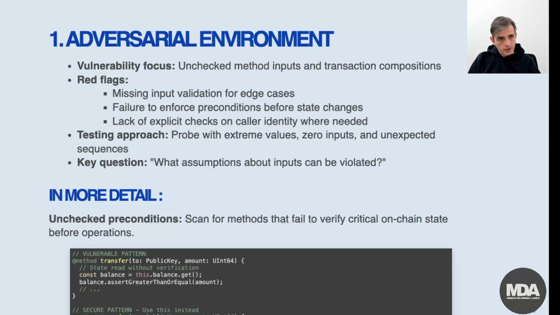Well, we can test these out. We could try adding inputs to these particular functions with extreme values, with values that the developer may not have thought of. And also we can do transactions in unexpected sequences. As we're doing this, we should always be thinking, what assumptions does the developer have about the inputs, and how can these be violated?